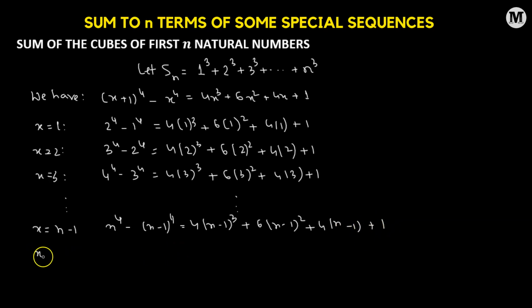Then finally we will choose x to be equal to n, such that we have n plus 1 raised to the power of 4 minus n raised to the power of 4. This is going to be equal to 4 times n cubed plus 6 times n squared plus 4 times n plus 1. Now we're going to add them.